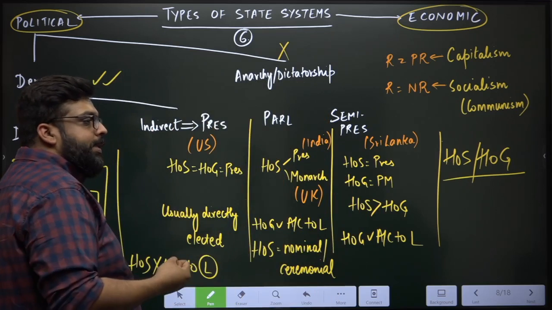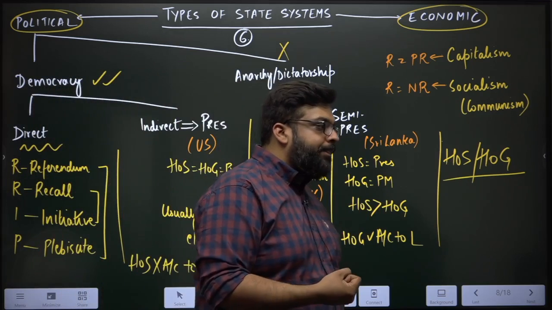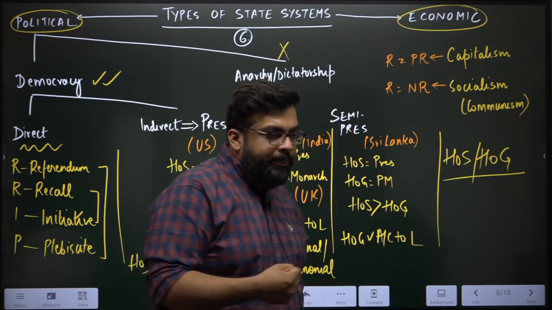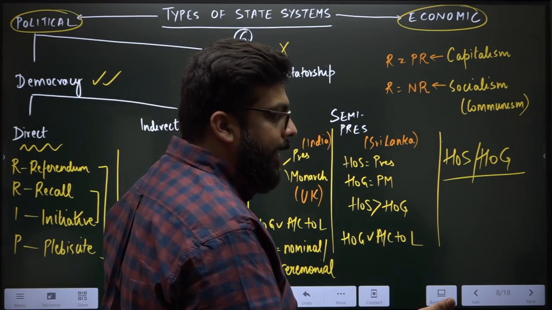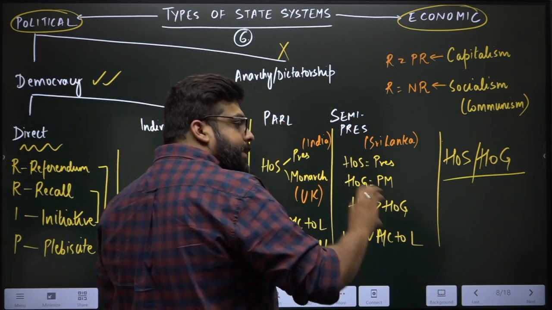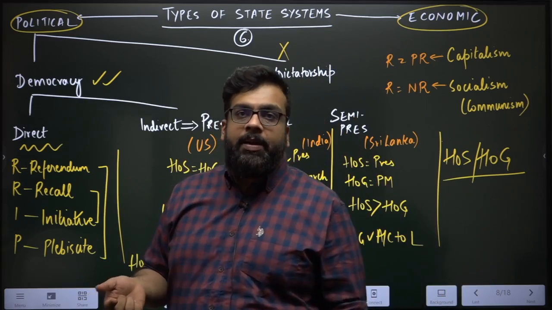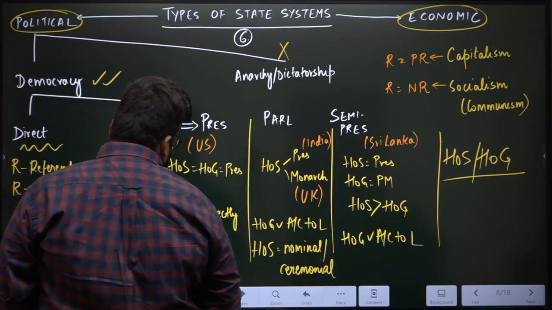One, the head of state, under whose name actions are taken, and two, head of government, wherein the power to take those decisions lies. Now, in some cases, they'll be the same person. In some cases, they'll be different people, and that is how you have differentiated forms of indirect democracies.